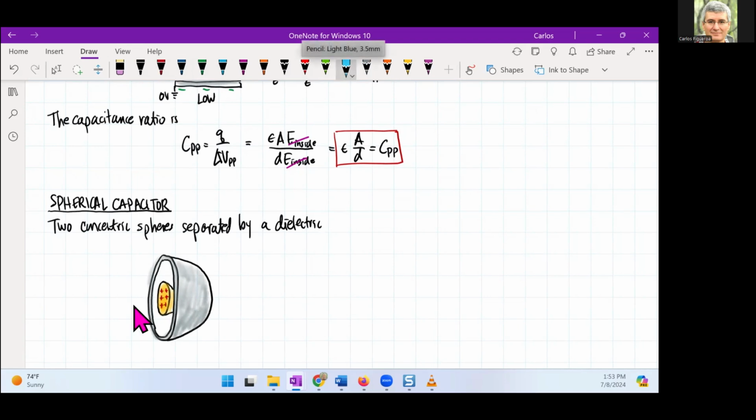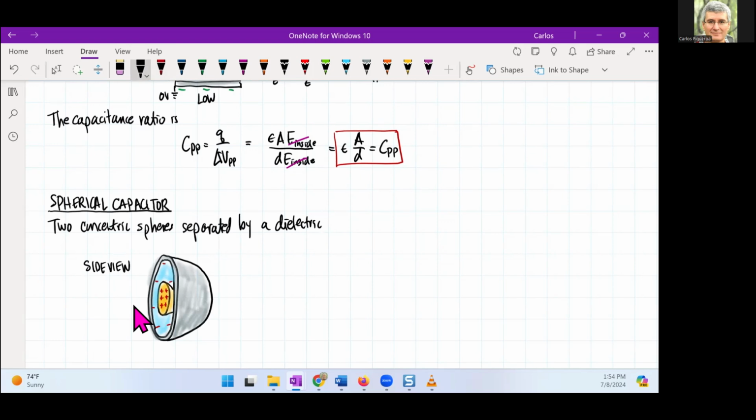And then the blue here is the dielectric. And so when I look at the outside of this guy, I'm seeing that this guy has a negative charge all the way around. So I would call this a side view.